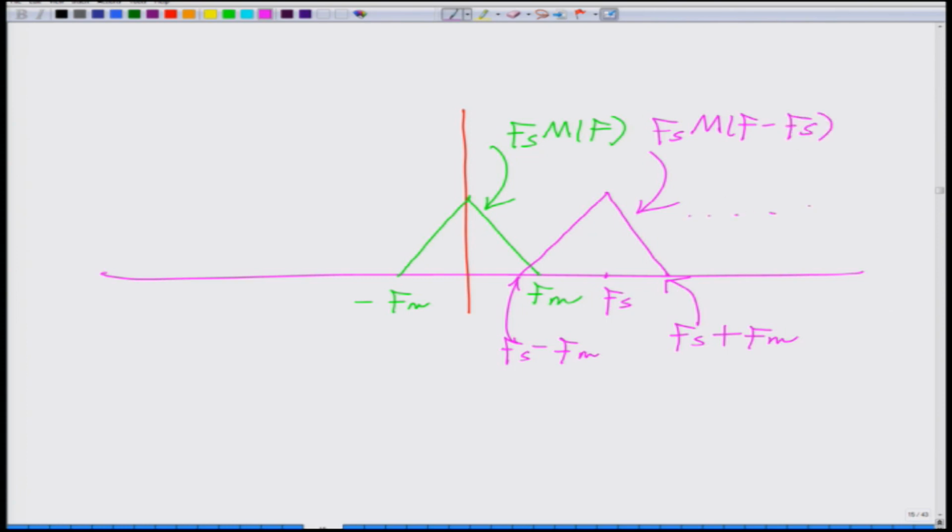and so on. You are going to have copies Fs M of f minus 2Fs, a copy at 2Fs, and similarly you can have a copy at minus Fs.